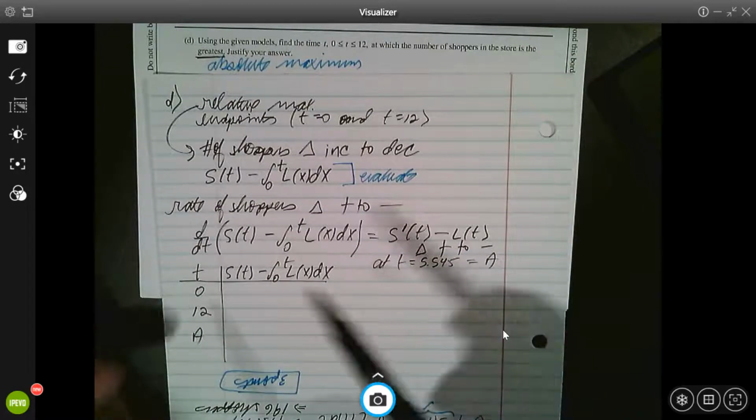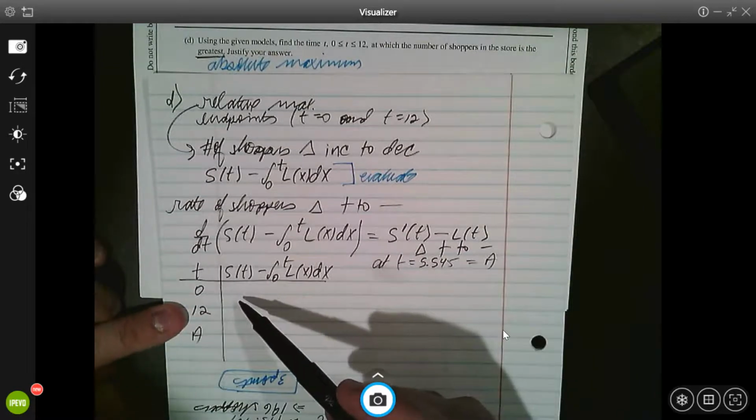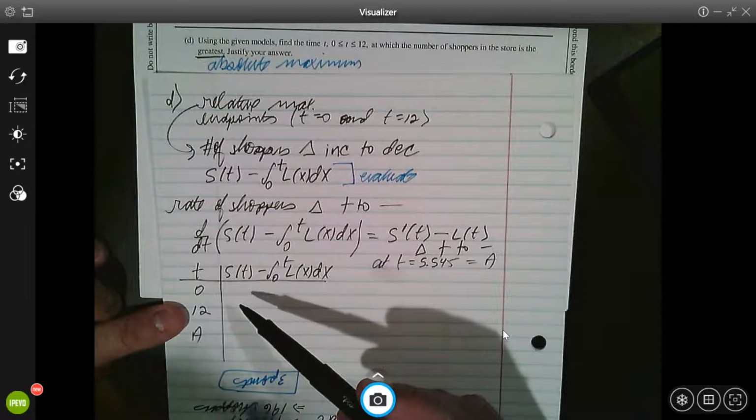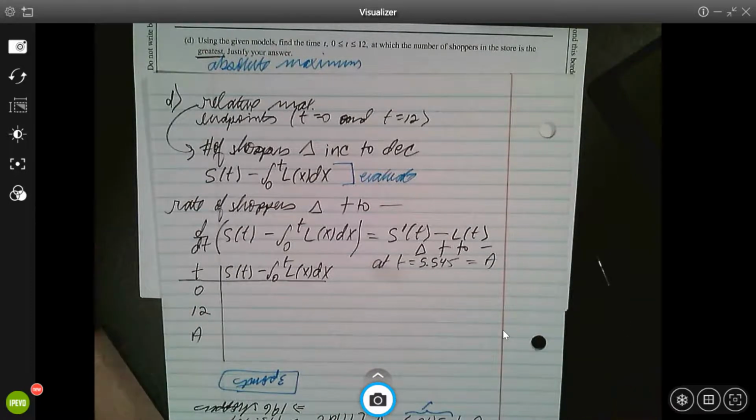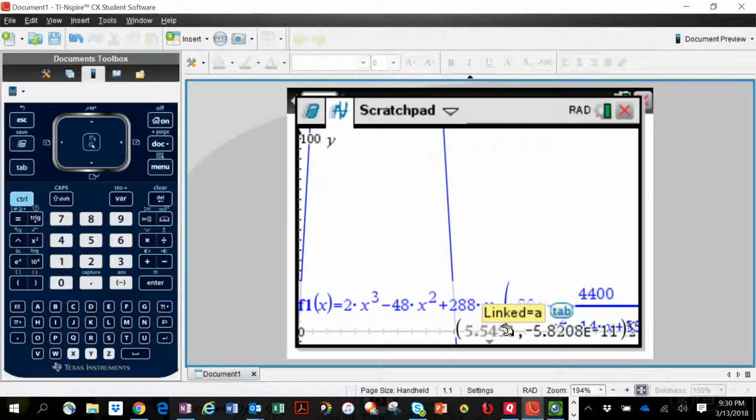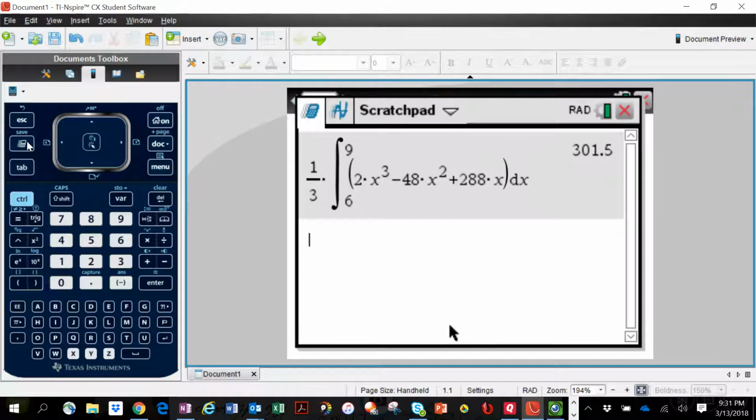What we're going to do is go through and type all this in on the calculator, and we're going to do it in a really clever way, I hope. So let's see what happens here. Let's go on over to the graph.